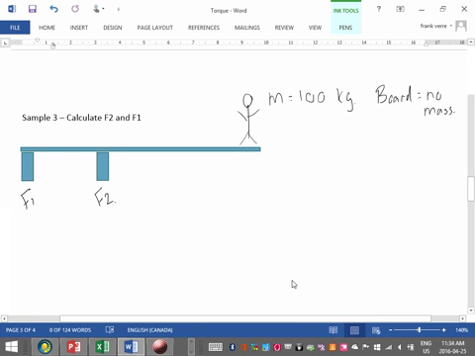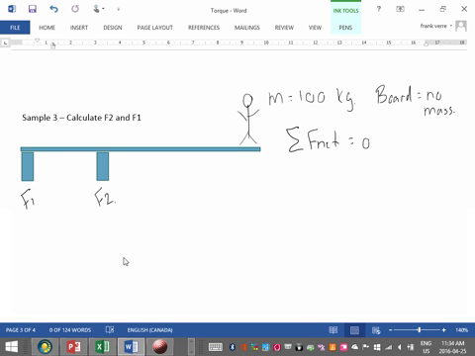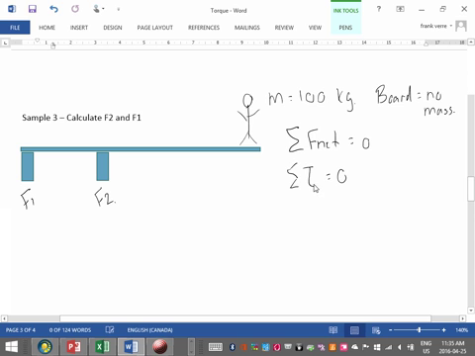Now, we've looked at force, right? You guys know that if something is not moving, then we know that the net force is what? Net force is 0, right? But here's the thing. We're going to use torque also now to figure out force. Because if something isn't rotating, we can also say that there is no net torque.